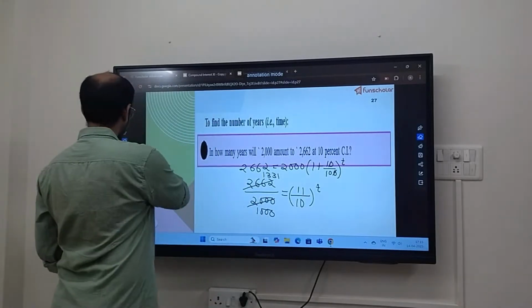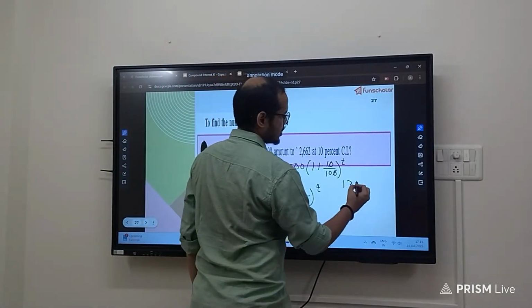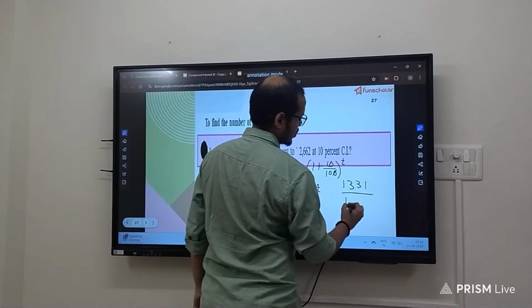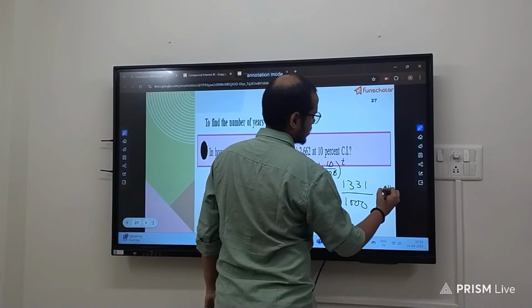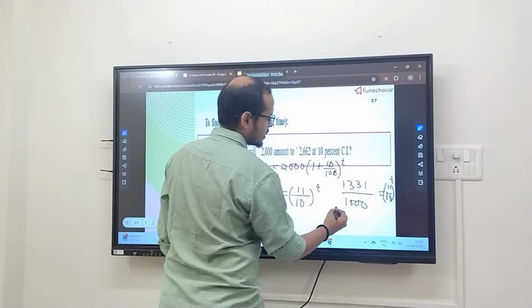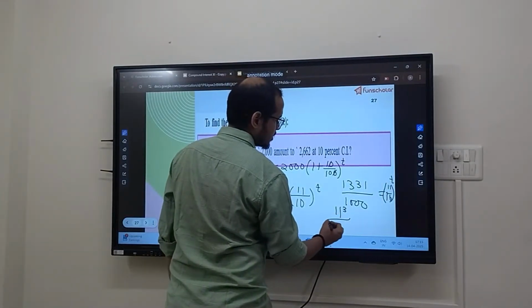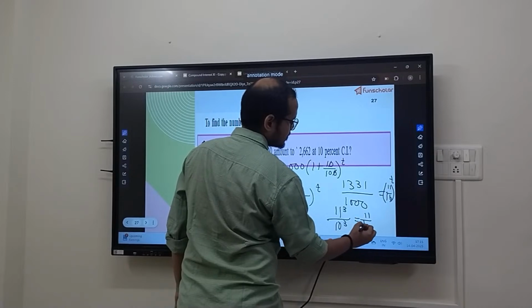Okay, how we are going to do it? Let's see. So we are getting 1331 by 1000 is equal to 11 by 10 to the power t. So 1331 is nothing but 11 cube, and this is 10 cube, right? 11 by 10.